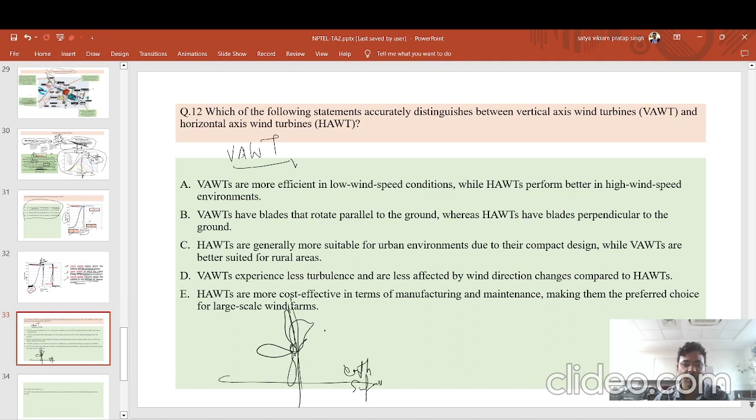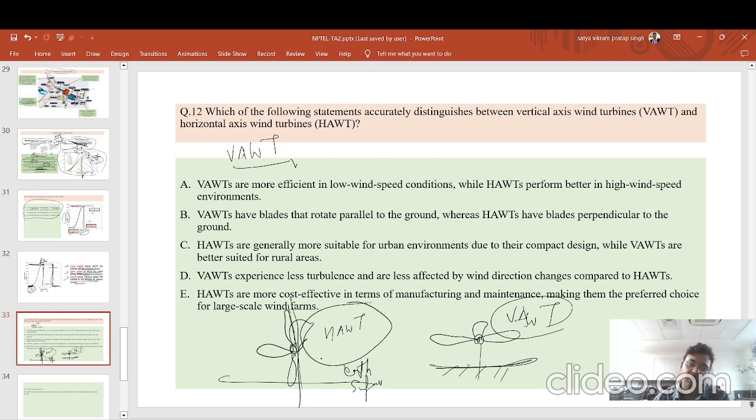This is the horizontal axis wind turbine. If you see a wind turbine which is mounted parallel to the surface, this is the vertical axis wind turbine.